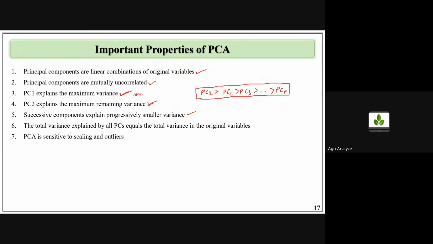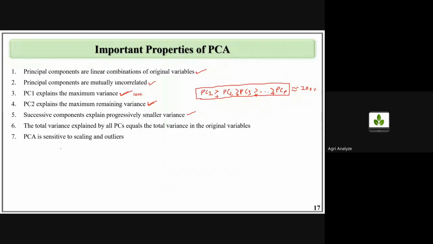Then the total variance explained by all PCs is equal to the total variance in the original variables. It means if we sum all the explained variance by our PCs, it is always near equal to, not exactly equal to, but near equal to 100%. Now, PCA is sensitive to scaling and outliers.